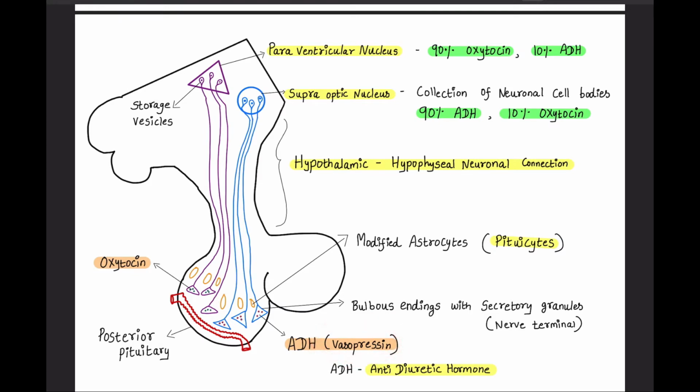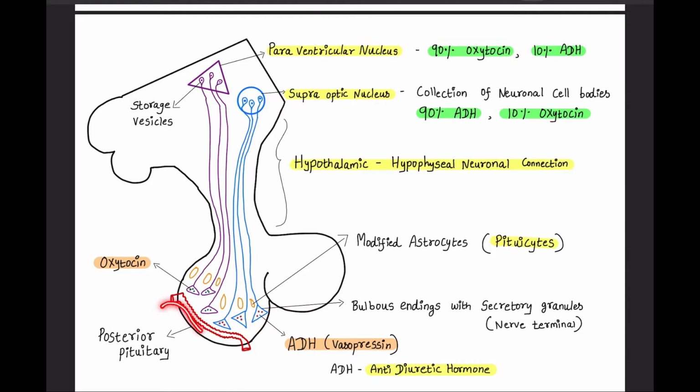So ADH is synthesized in the supraoptic nucleus, and it comes down through the axons and it stays in the bulbous endings or nerve terminal of the neuron, and from here the ADH hormone is released into the circulation.